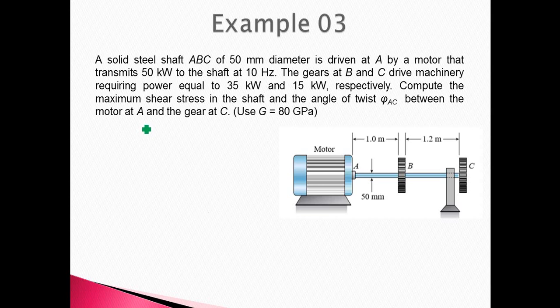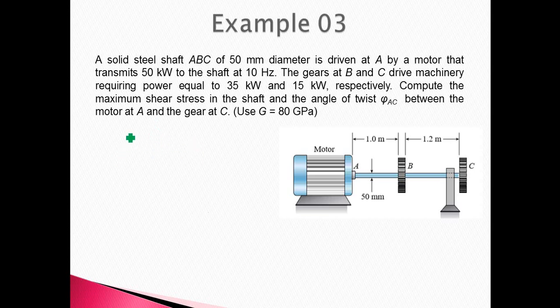When we draw the free body diagram, the direction of the input torque will be opposite to the output torque. Alright, so first let us convert the motor power P to the torque T, so that after that we can draw the free body diagram.